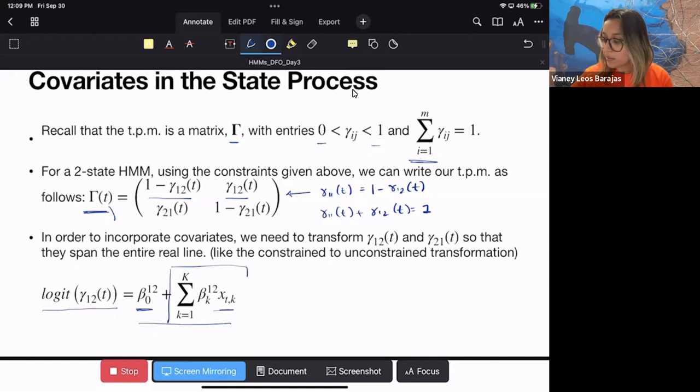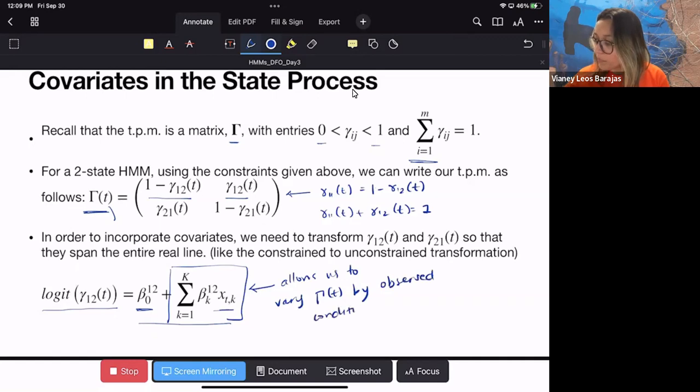So this piece here allows us to vary by observed conditions, or time of day, x sub t k. And really, this is a vector.